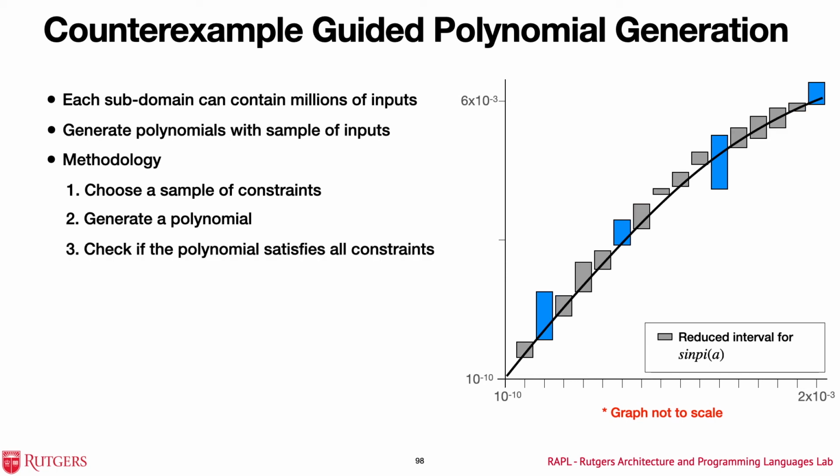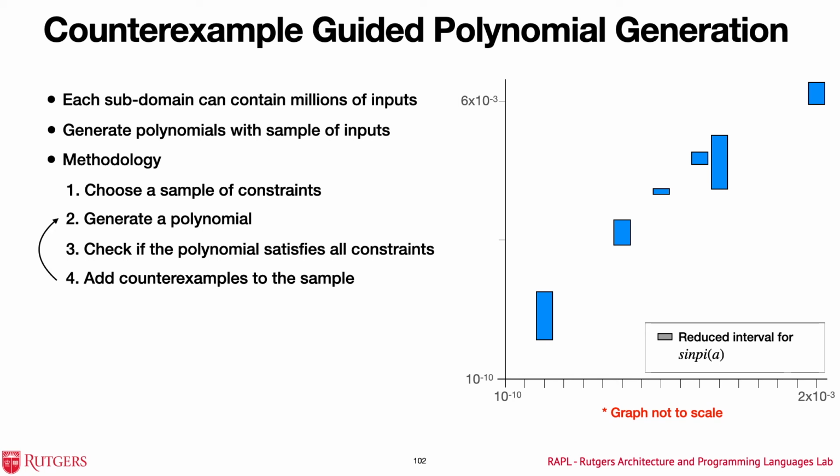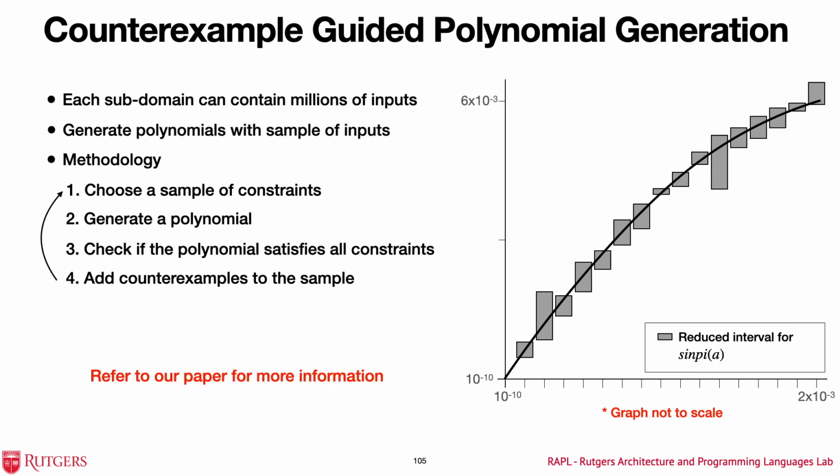Next, we check whether the candidate polynomial satisfies all the constraints in the subdomain. If it does not, we identify those constraints and add them to our sample. Then we repeat the process of generating candidate polynomials with the new sample until the polynomial satisfies all the constraints in the subdomain. For more information on our technique, please refer to our paper.